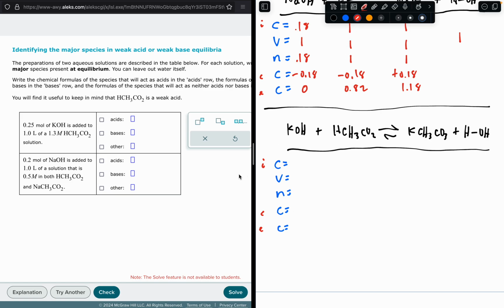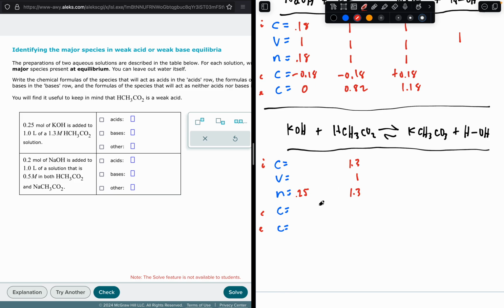All right, so let's go with our red here. 0.25 moles of that. This is like a habit of mine. CV and N, 0.25 moles, and then I got 1 liter of 1.3 molar. It's 1 liter right here of 1.3 molar, and this times that gives me the number of moles.